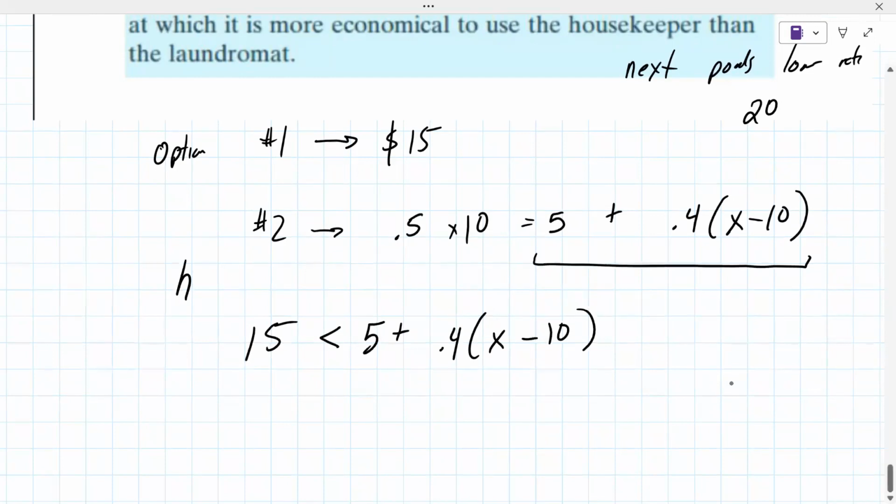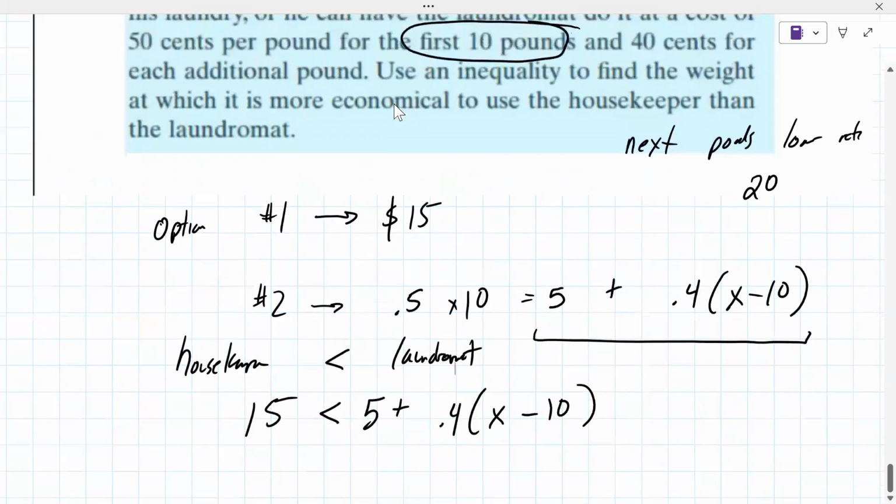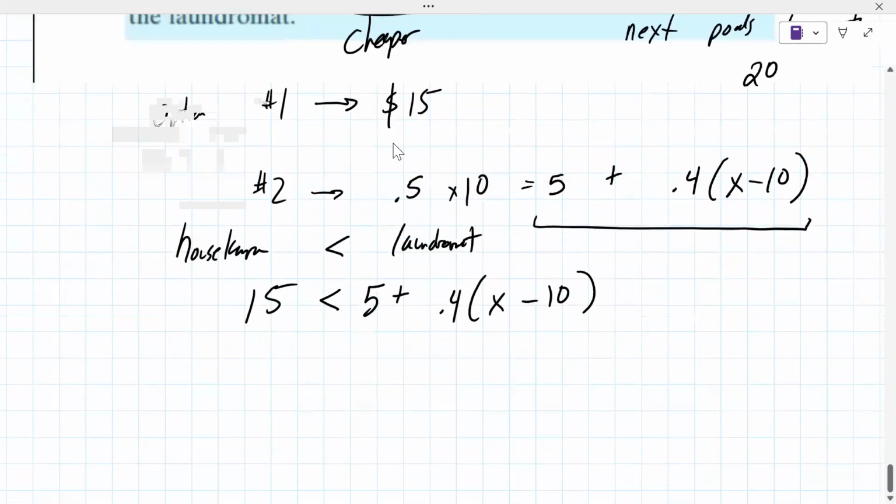So you can think of it as the housekeeper is less than the laundromat. That's the language in there. When it says more economical, you were asking me about that before. That means cheaper. It sounds better. If you have a friend who's cheap, they'd rather you say they're economical. They don't want to be called cheap.